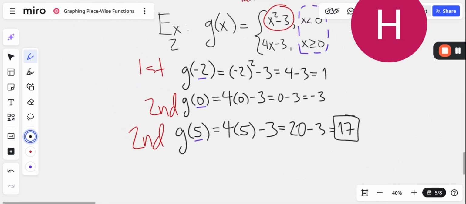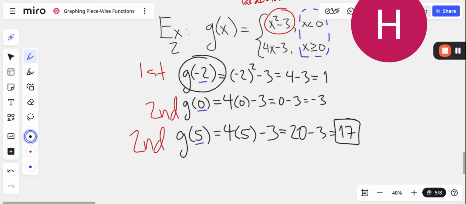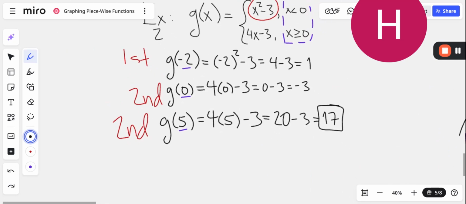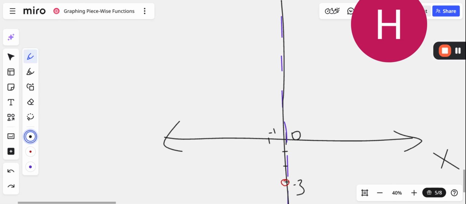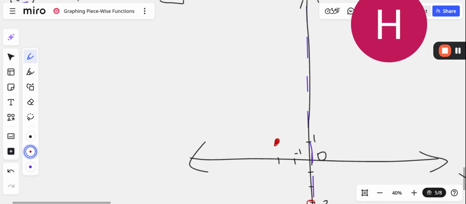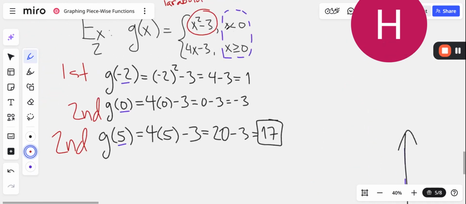So we're going to use one of the points to our advantage. We know that g of negative 2 is equal to 1. So let's go ahead and plug that in. g of negative 2 is equal to 1. That is a solid point on there. And if you want to plug in other values, notice that you can, and you'll know which ones to plug in. It'll be any values less than 0.